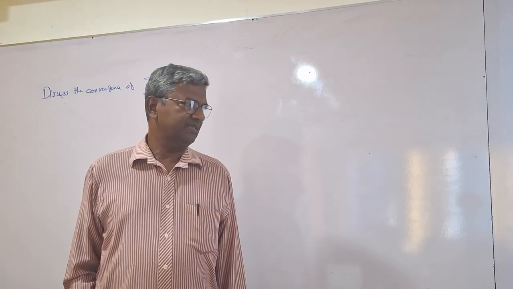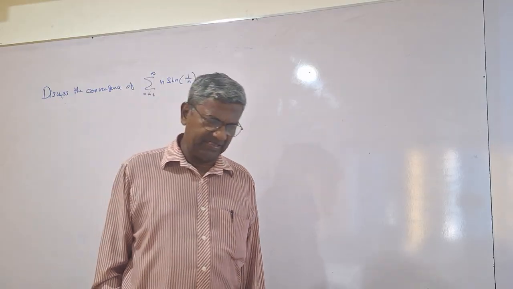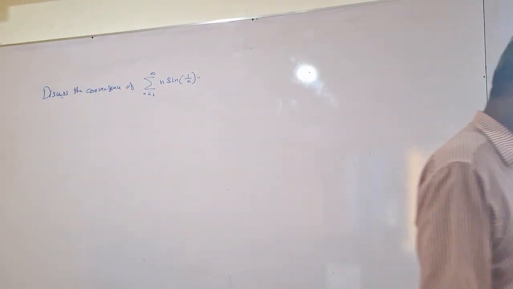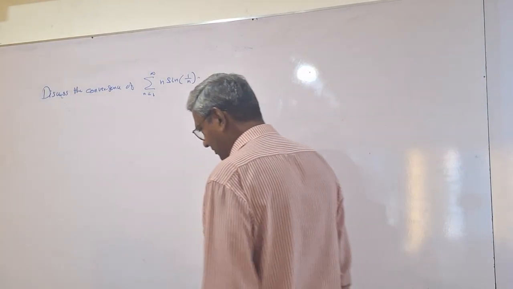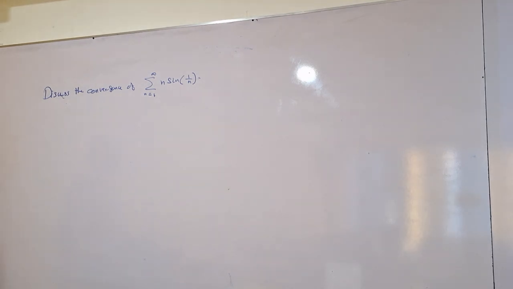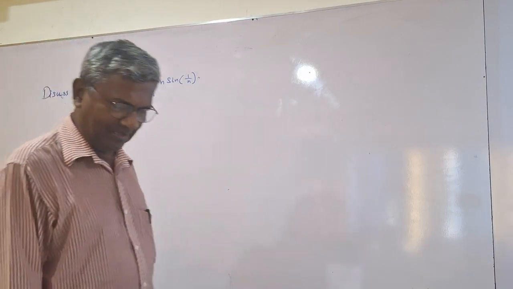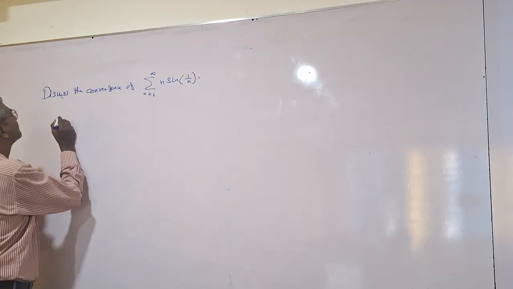Limit comparison test: a n over b n, where both a n and b n must be non-zero, has a positive non-zero limit. Then either both are convergent or both are divergent. Root test, I guess we cannot apply here, the nth root of sin 1 over n or something like that. Maybe we can compare, I myself haven't tried. But let's apply the zero test.